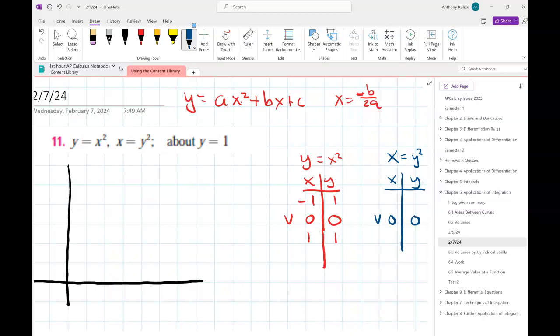Now what we're going to do is pick a value for y and find the corresponding value for x. So let's just pick -1 for y. When I square -1, I get +1 for x. And I'll pick +1 for y. When I square that, I get +1 for x.